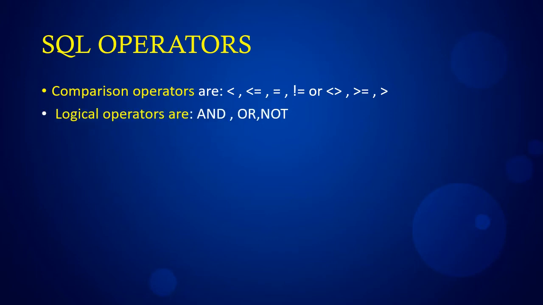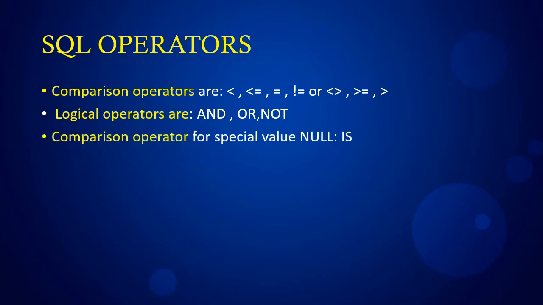Like other programming languages, we can use comparison operators in SQL. Logical operators AND, OR, NOT can also be used. And one more special comparison operator is IS, used with NULL.